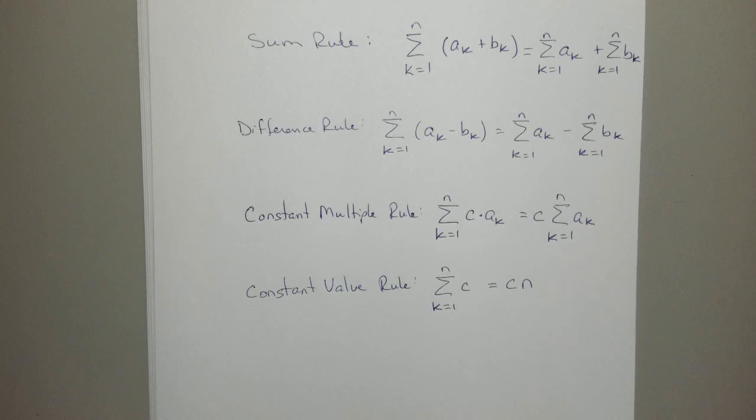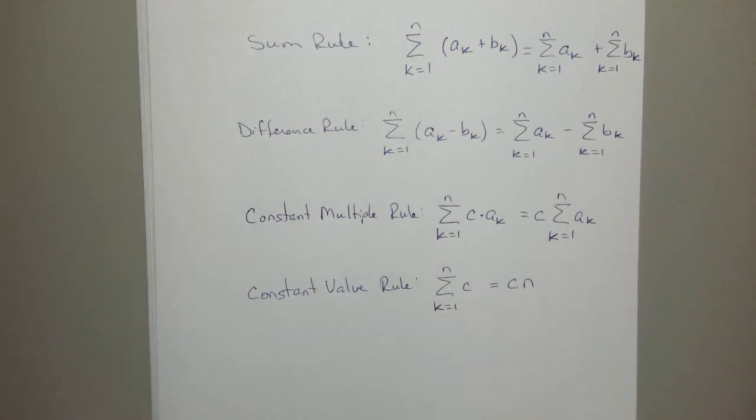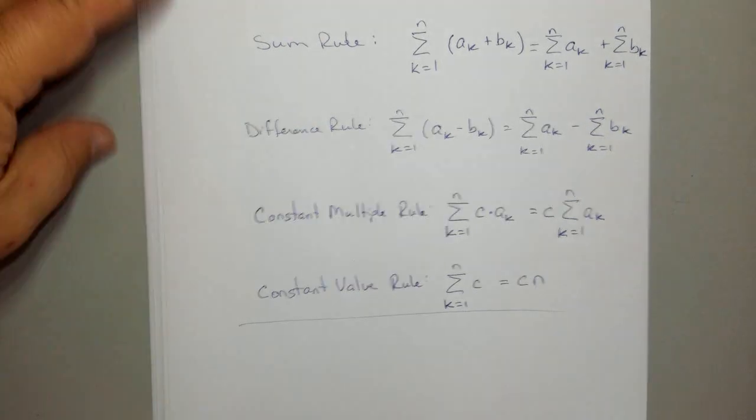So the answer is simply c times n. Because remember, that's what addition really is. Addition and multiplication. If I take c plus c plus c, n times, that's the same thing as saying c times n. So if you have a constant and you take it through a sigma notation, just take that value times the end result. Here's some examples.